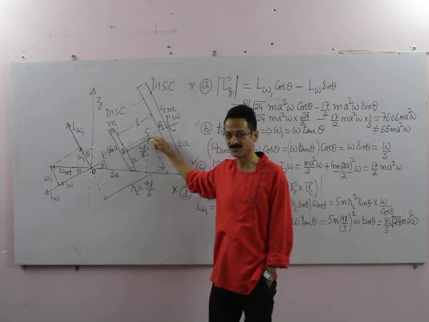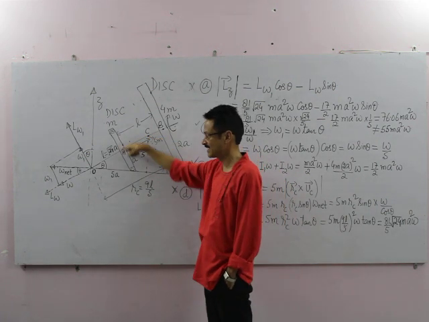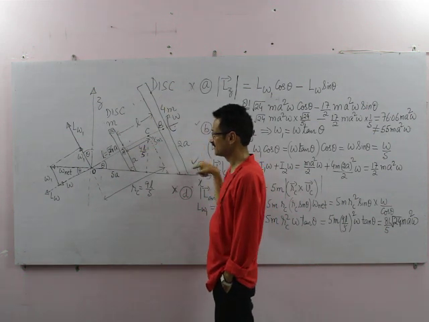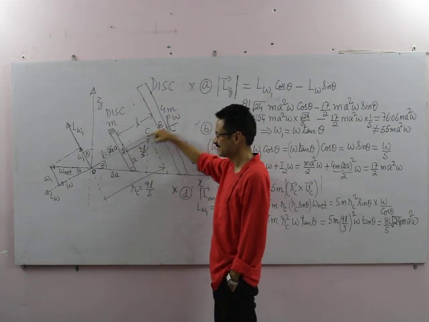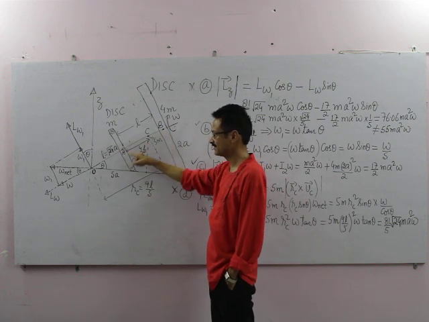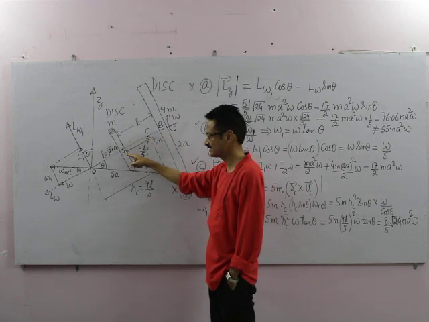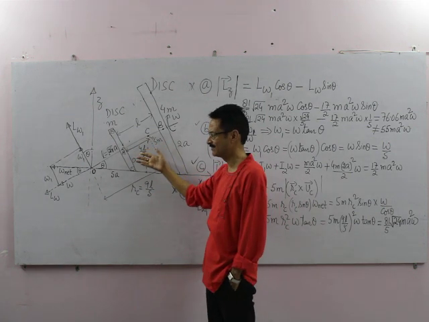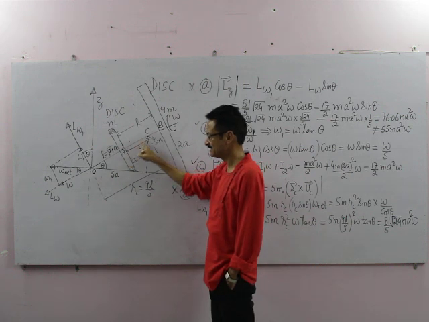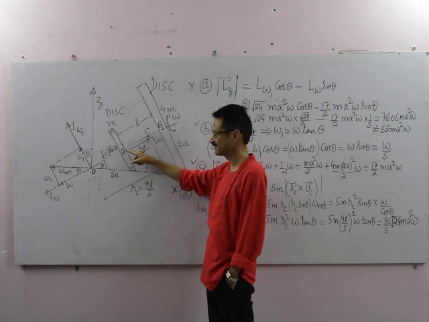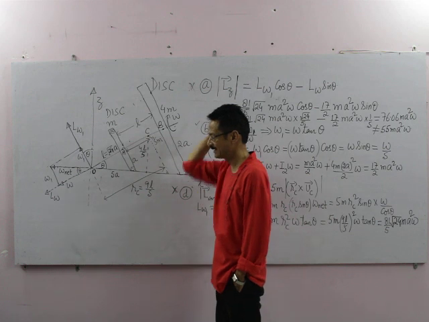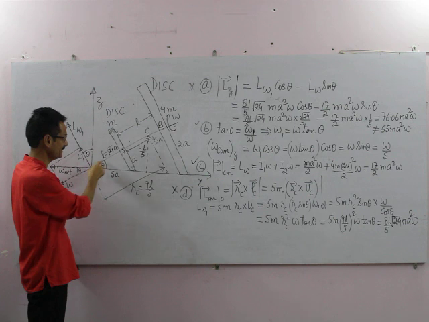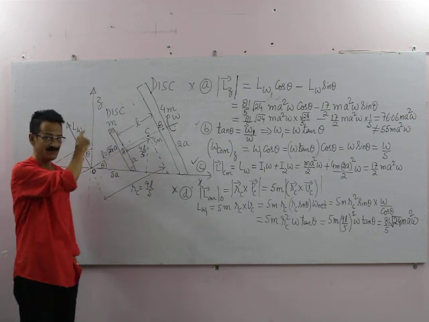We can also locate the position of the center of mass, because the mass of this disk, m, is concentrated here, and the mass of this one, 4m, is focused here. So the center of mass will be somewhere in between, and its location has already been found by me. It's very simple, we can calculate it by a simple formula. So the location of the center of mass comes out to be 4L by 5 from the smaller disk, and this distance is L, and then this is 4L by 5.